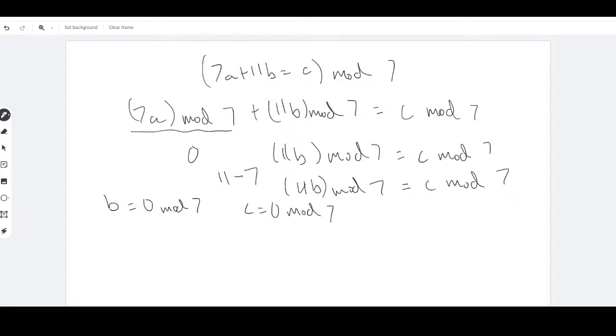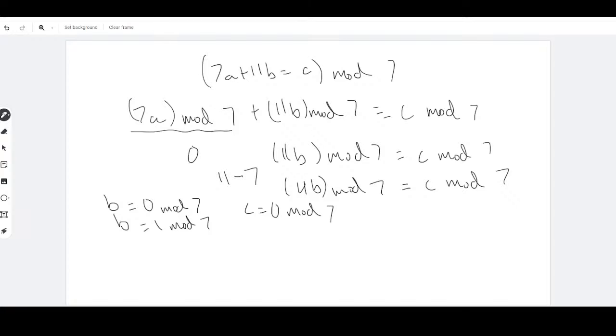we can continue this line of thinking: if B was this mod 7, what would C mod 7 be? If B was 1 mod 7, what would C mod 7 have to be? Because we're working everything with mod 7, we can just think of B being equal to 1, and multiply it by 4.